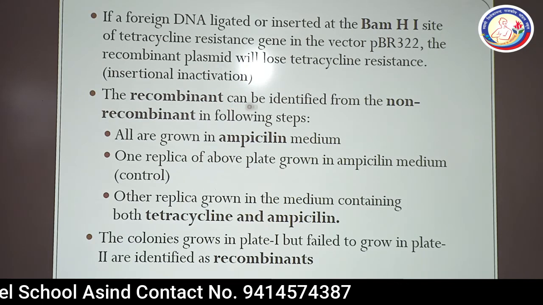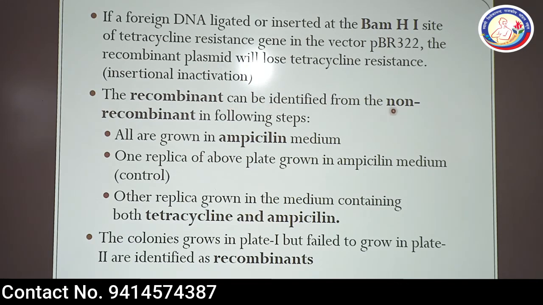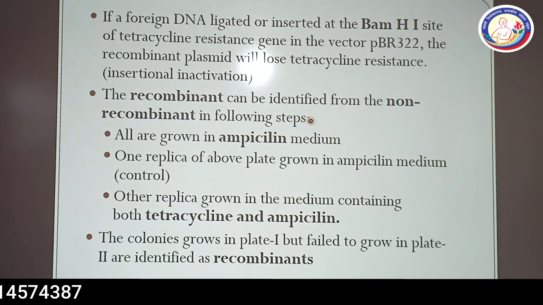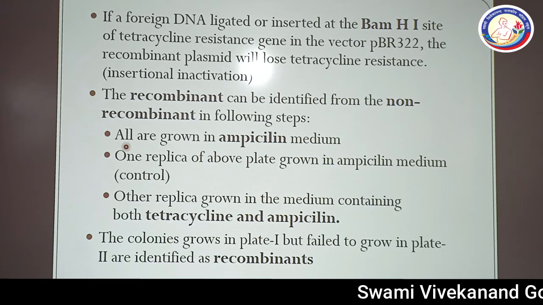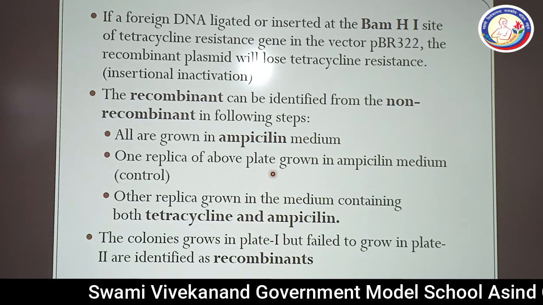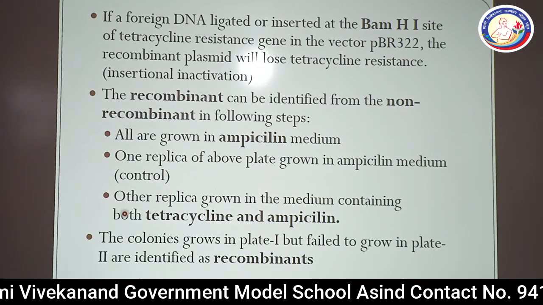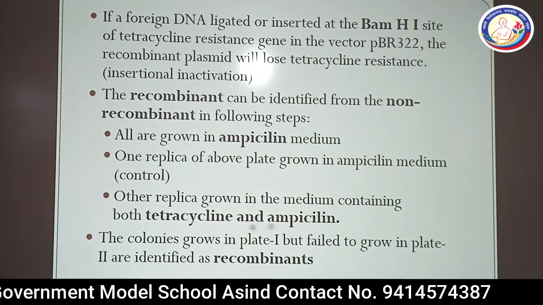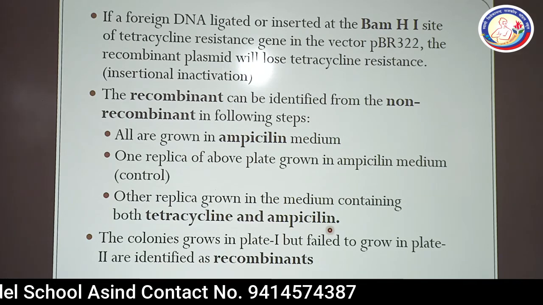The recombinant can be identified from the non-recombinant in the following steps. First, all are grown in the ampicillin medium. One replica of the above plate is grown in the ampicillin medium as control, and the other replica is grown in the medium containing both tetracycline and ampicillin.